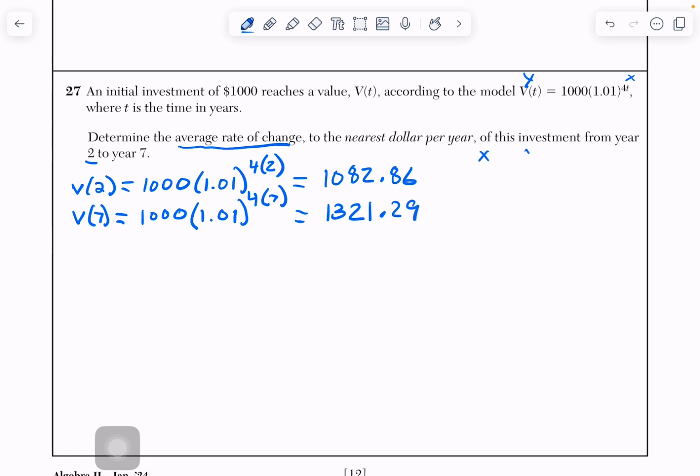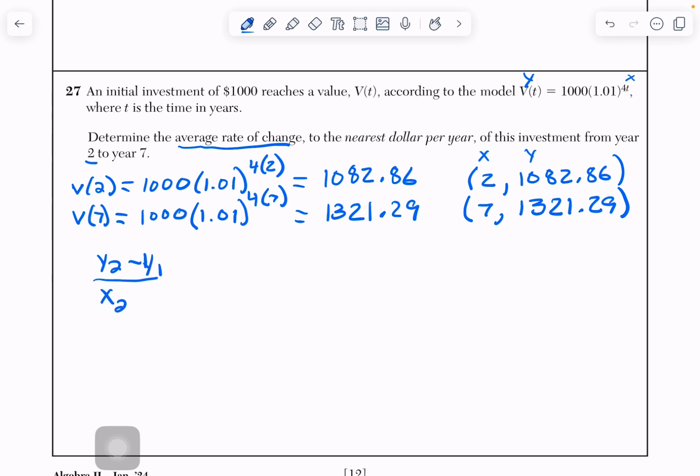Okay, so now we have the points. If you think of them as x and y's, the input of 2 gave us an output of 1082.86, right? And the second one is an input of 7, gives us an output of 1321.29. All right, so now I could do y2 minus y1 over x2 minus x1. That's my average rate of change.